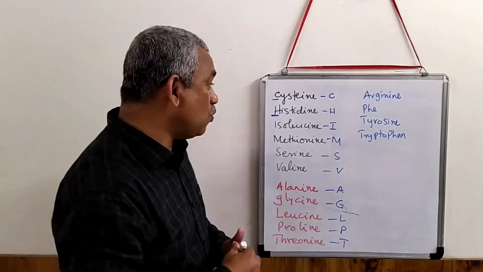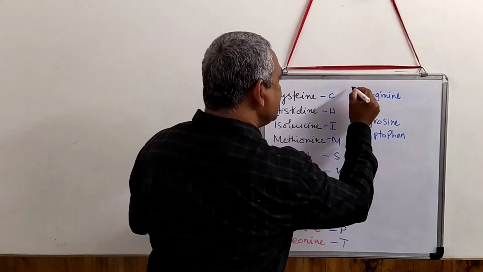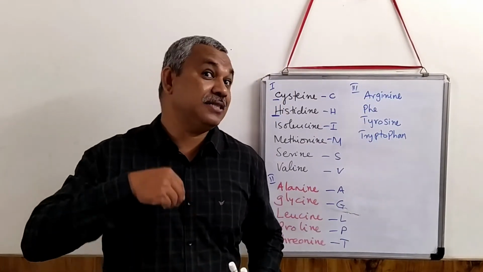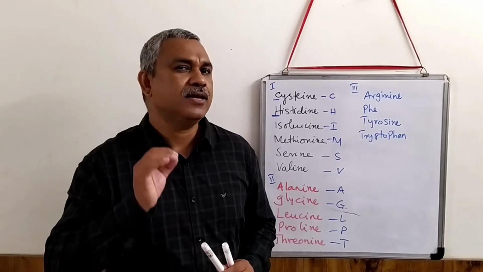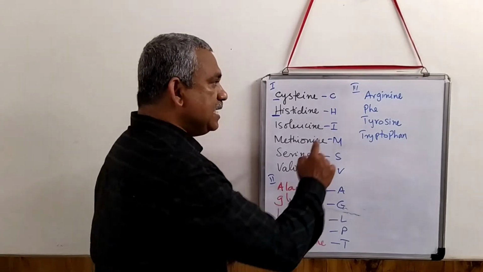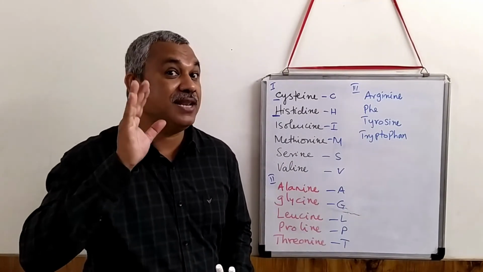Then in the third logic, so this is the first logic, this is the second logic, this is the third logic. In the third logic, the rule which she applied is, she looked at the phonetic symbols. Phonetically, when you speak arginine, R comes very loud.